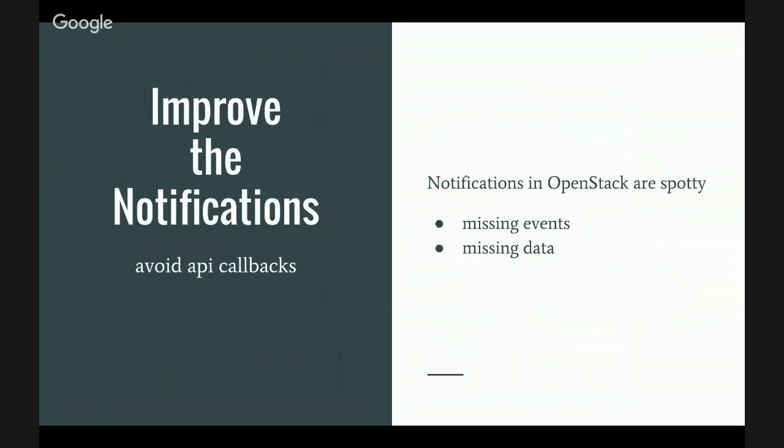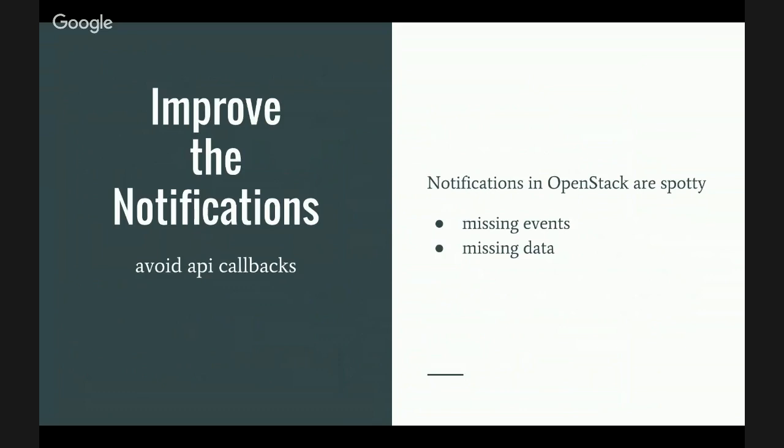So one of the biggest things we need for this to scale is we need to improve the notifications. A lot of the services have been a little spotty with their handling of notifications. At times, they've kind of forgotten about notifications when they've made changes to their APIs.